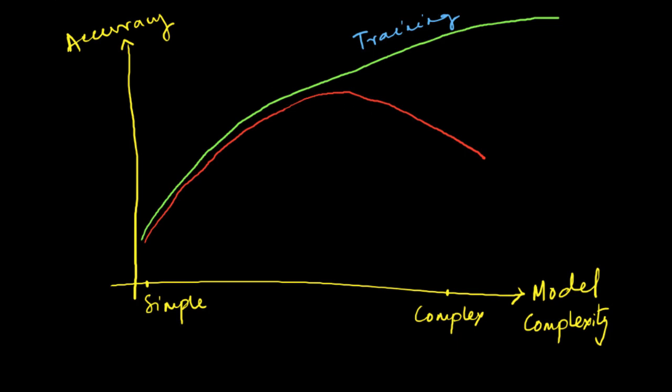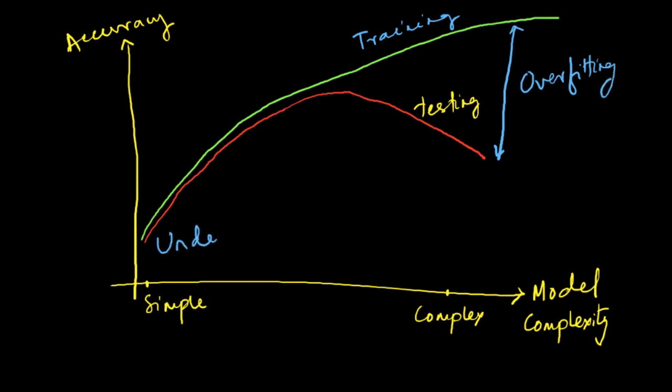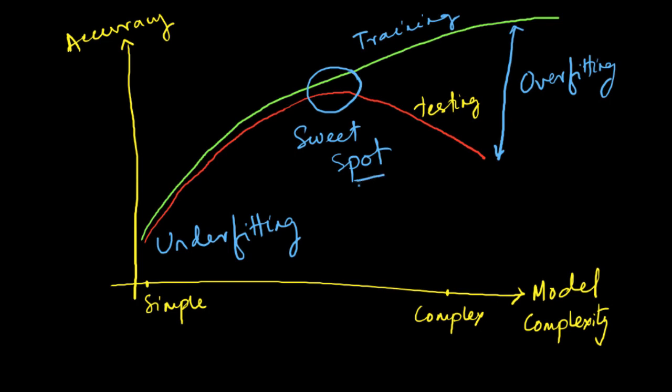So this is your testing accuracy, and this gap between your training accuracy and testing accuracy is what is called overfitting. And this point where both are low is what is called underfitting. So where you want to be is in this region, which is your sweet spot.